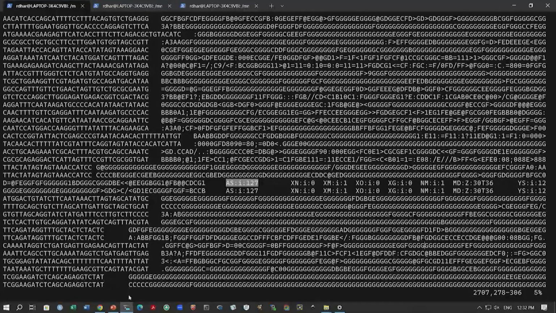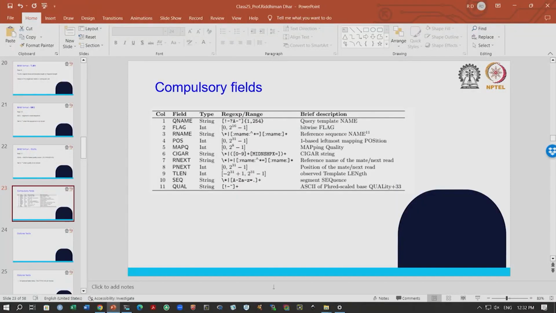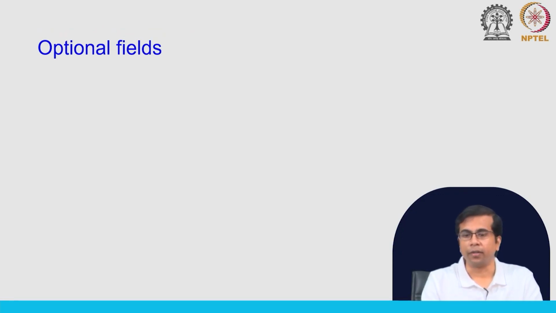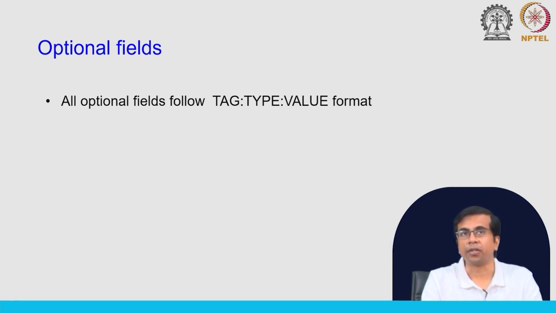Okay. So, let us go back to the presentation and let us discuss these optional fields. So, going to the optional fields, all optional fields are given in this specific format. We have something called tag, then type, then the value. So, what is tag?